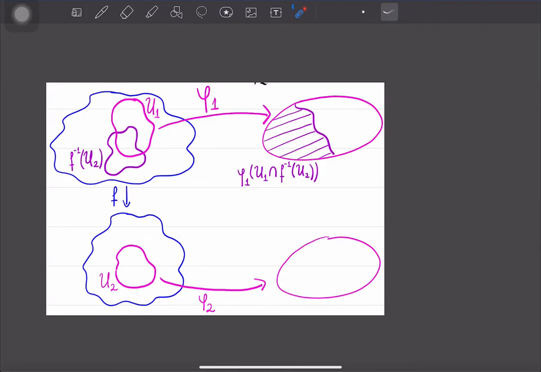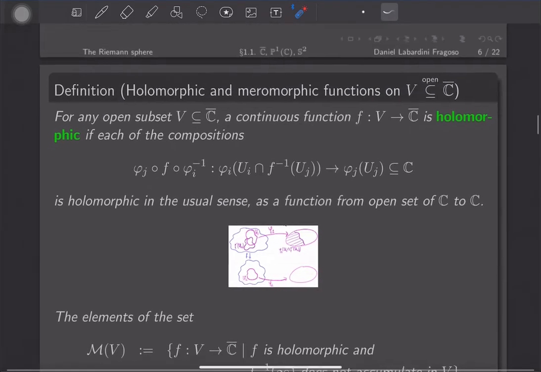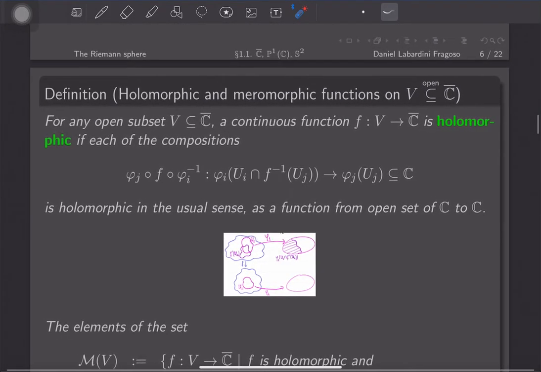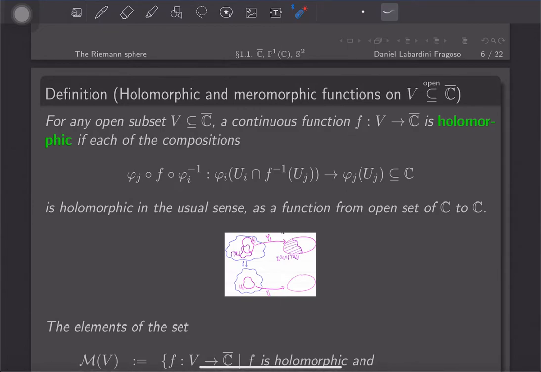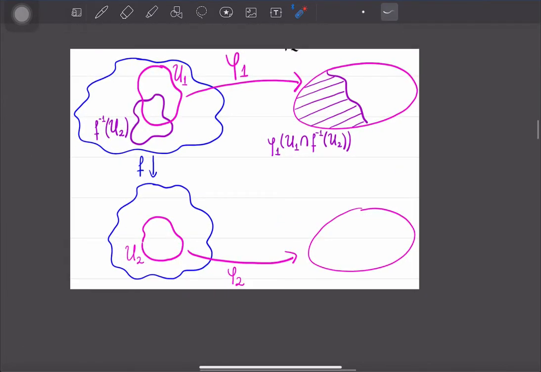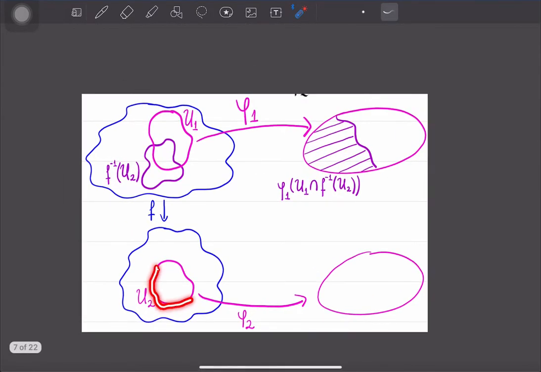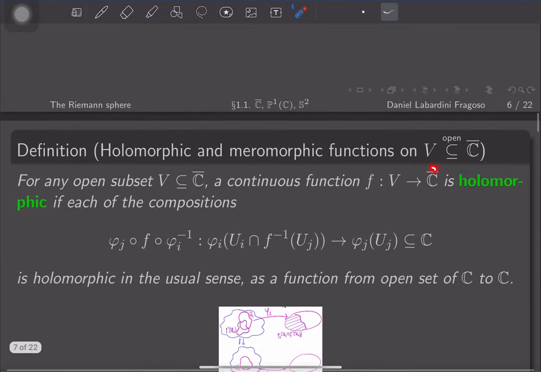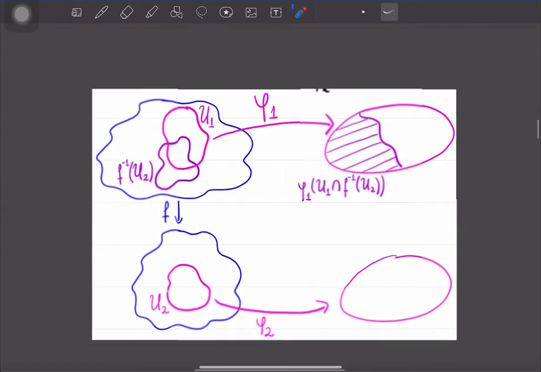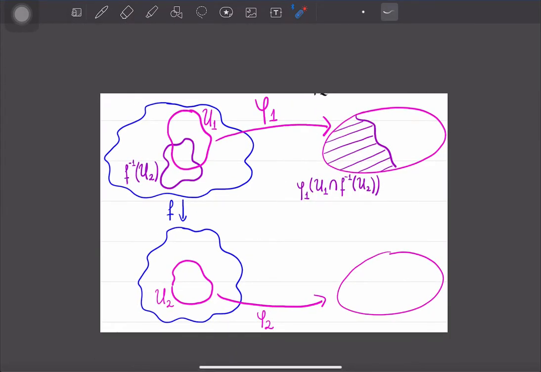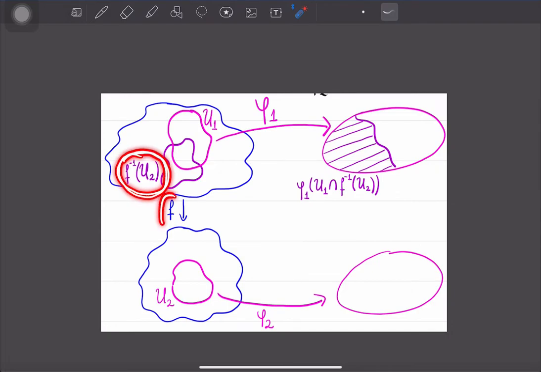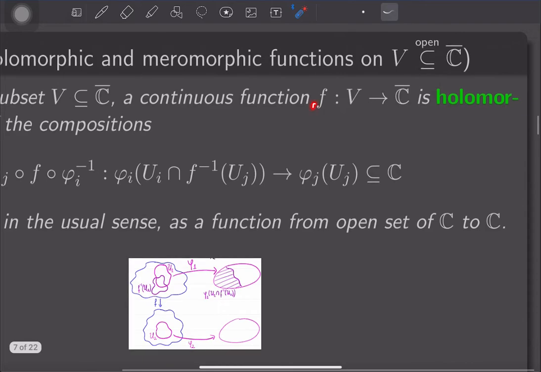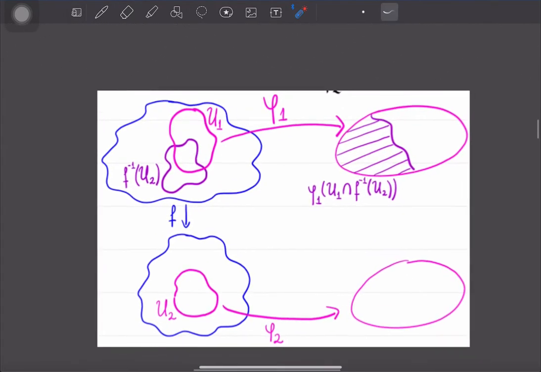One takes U2, which is an open subset of C bar, and takes its inverse image under the function we are dealing with, about which we want to say what it means by definition to be holomorphic.